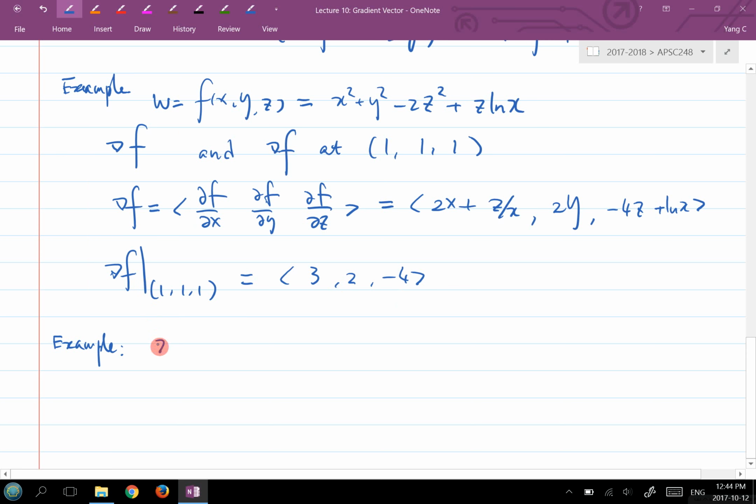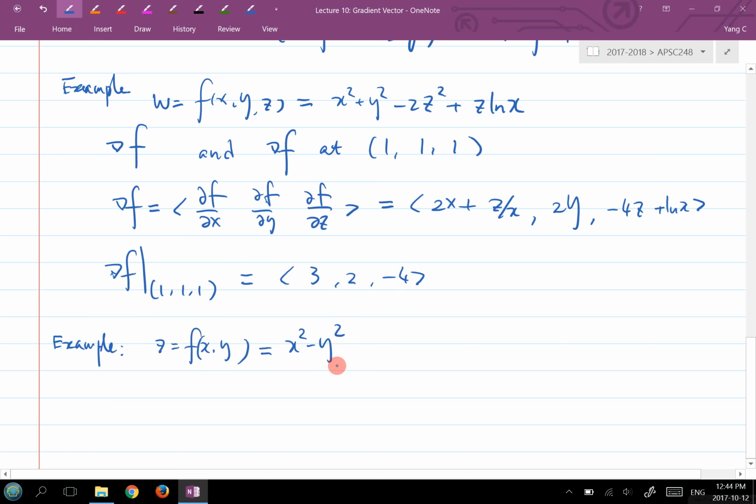If I have a function of 2 variables, let's say z equal to f of x, y, let's give you the function here, which is x squared minus y squared. If you recall from the previous lecture, this is a saddle surface.